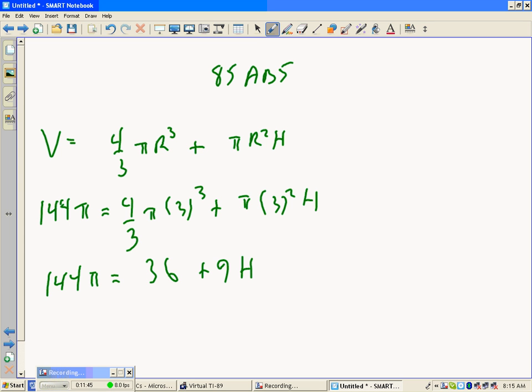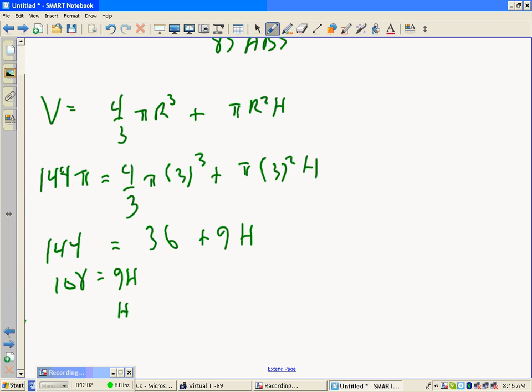So, now what? Whoops, this pi went away, right? So subtract 36 from 144 and you get 108. Oops, I lost my pen. 108 equals 9h. So, h is 12. What are the units?